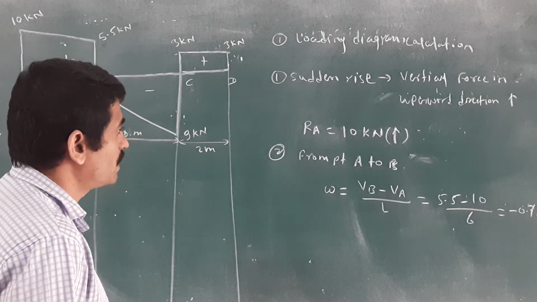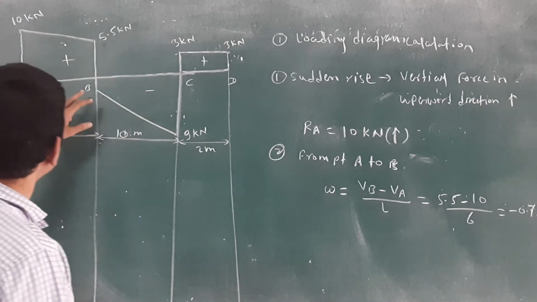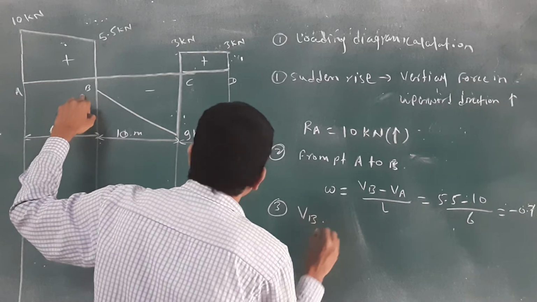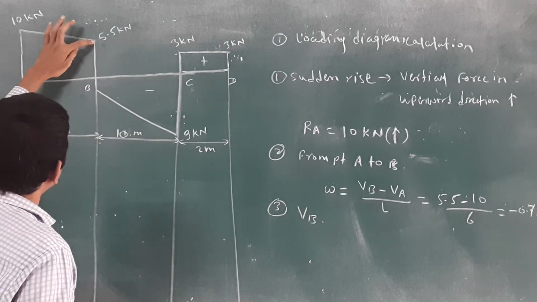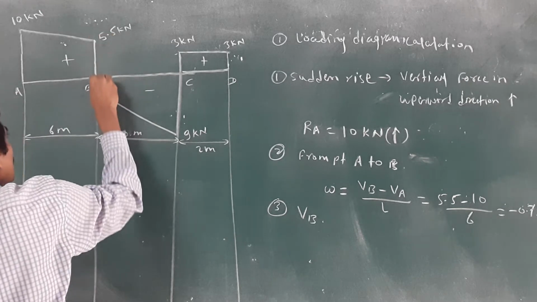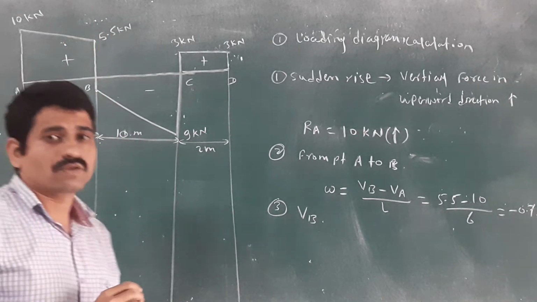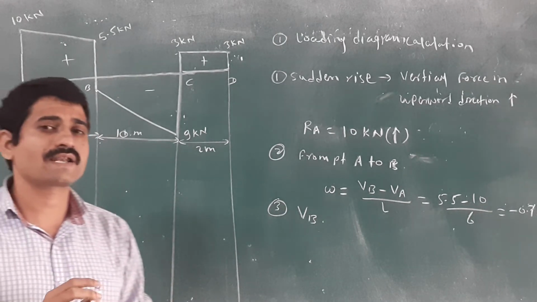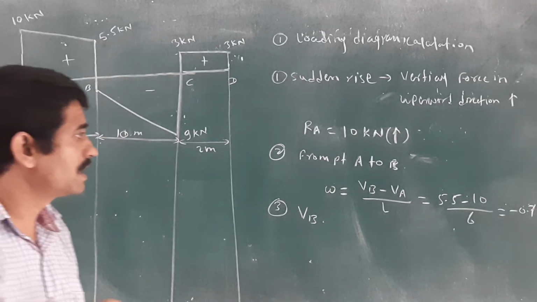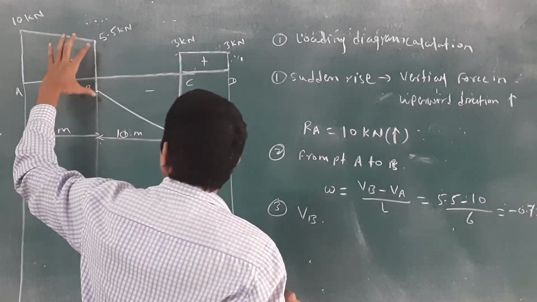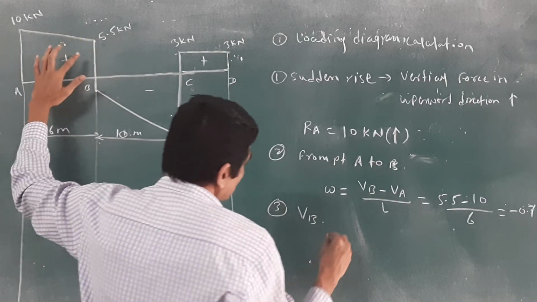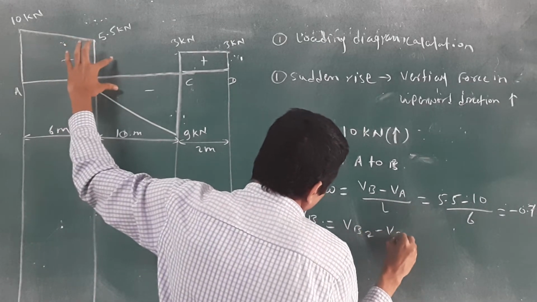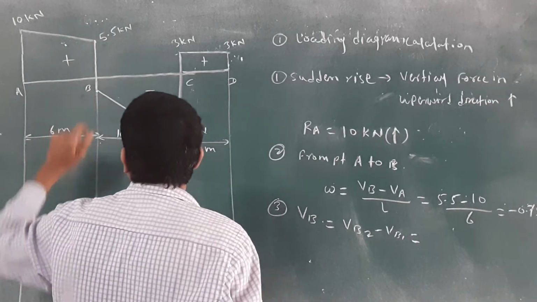Then next we want to calculate the value for point B. Here, at B, there is a sudden decrease. A sudden decrease indicates the force is going in the downward direction. Then you get PB2 minus PB1 for point B, as we saw in the last lecture.